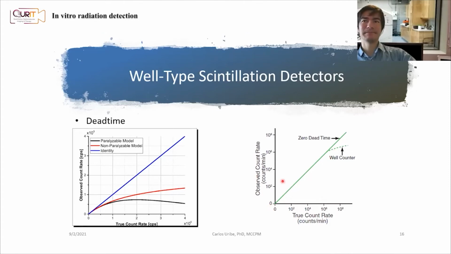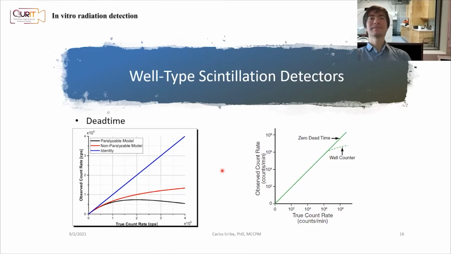This is also one of the graphs in the book. Ideally it goes like this, and the well counter behaves like that. You need to keep that in mind, because some corrections might need to be made. If you put a very hot sample, a very highly radioactive sample, you're going to be losing some counts, so that needs to be taken into account.